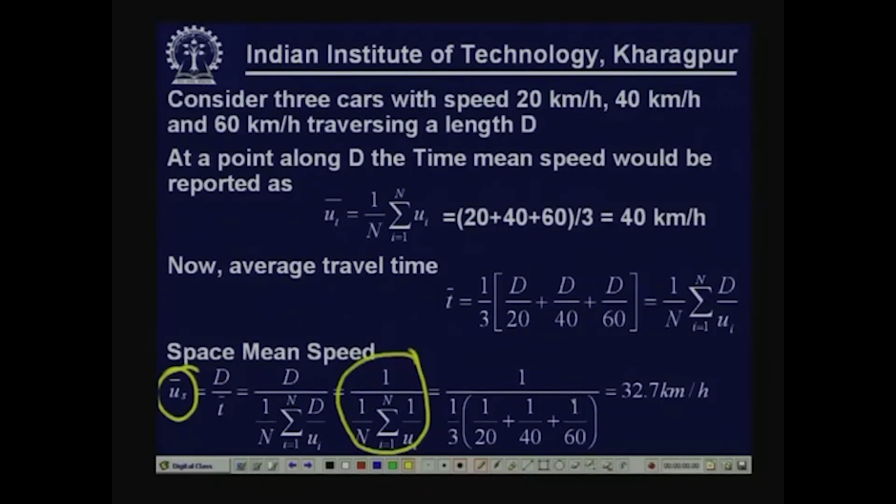Here also you can see that time mean speed is 40 kilometer per hour, space mean speed is 32.7 kilometer per hour. So, you can find space mean speed is lesser than time mean speed. It is always so. At best it may be equal. I leave it to you to think where these two speeds could be equal, when TMS equals SMS. Just think about this part.